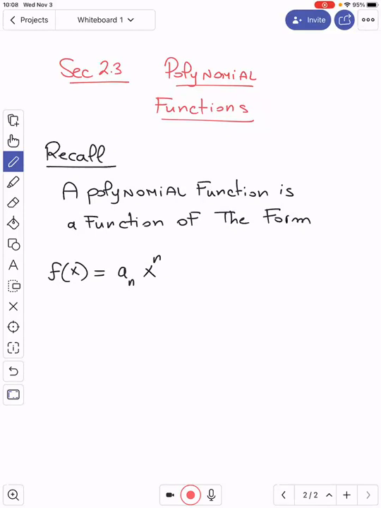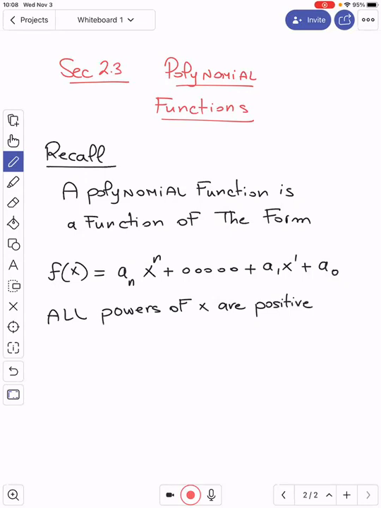Okay, so plus, etc. You have all these powers of x. Then you have x to the power 1 here, and then there's a constant a0. So all the powers of x are positive integers or positive whole numbers, or 0.